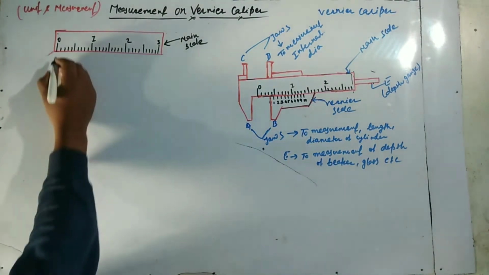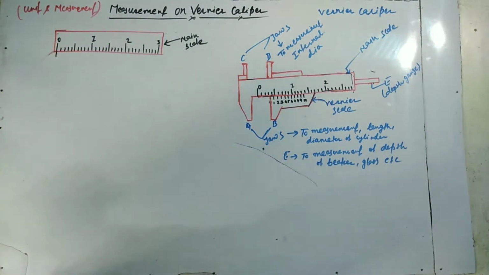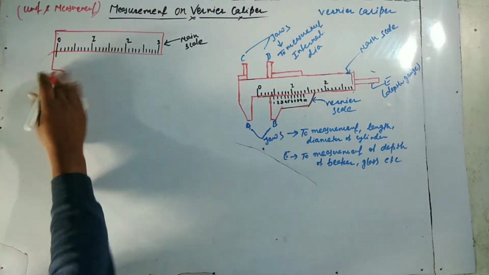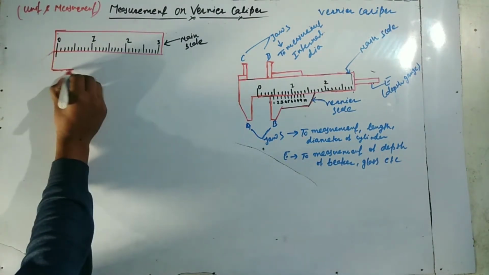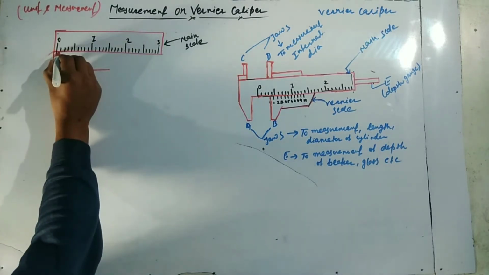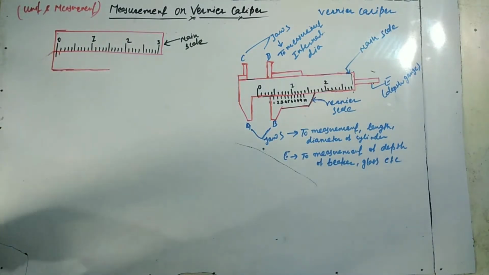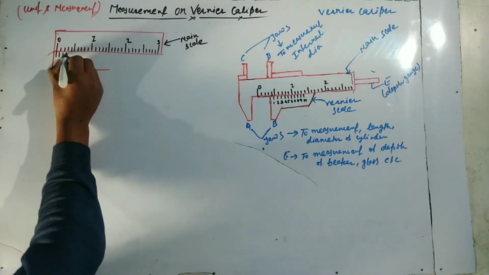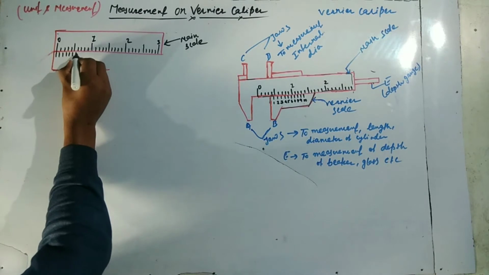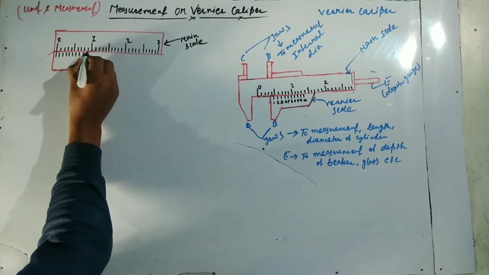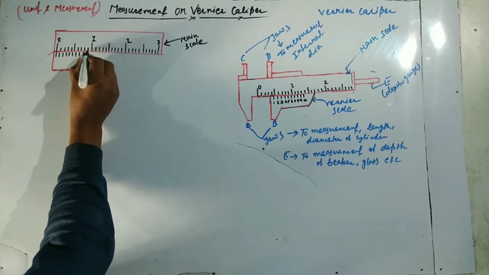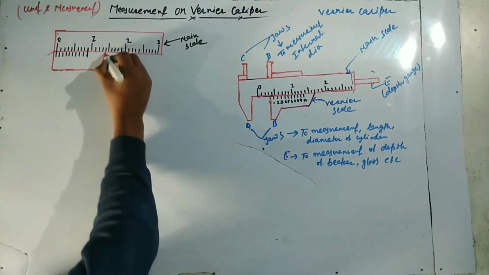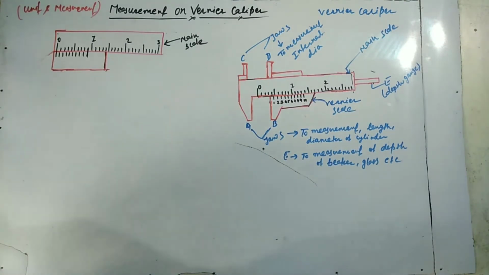In the Vernier caliper, the other scale is the Vernier scale, which is the main part of the Vernier caliper. In the Vernier scale, the marking is not given. That is why we have to find the marking on the Vernier scale. Its division is less than the main scale division.